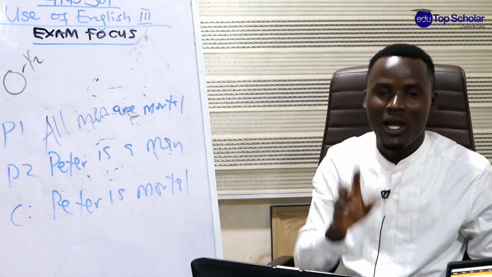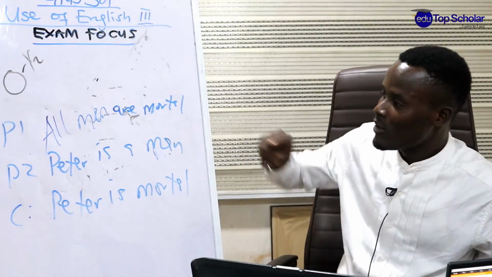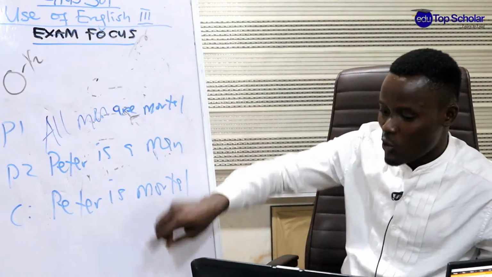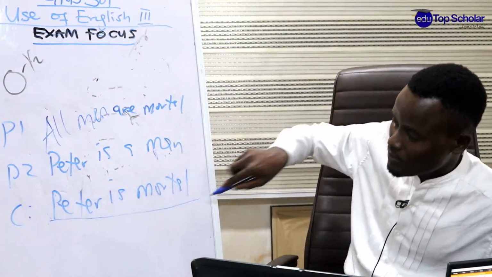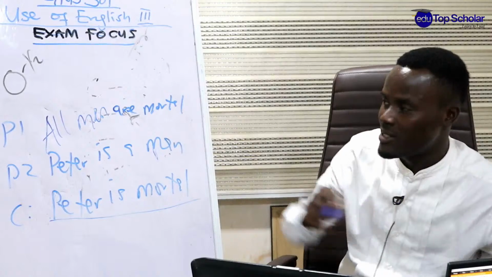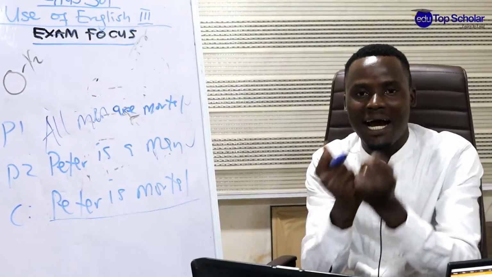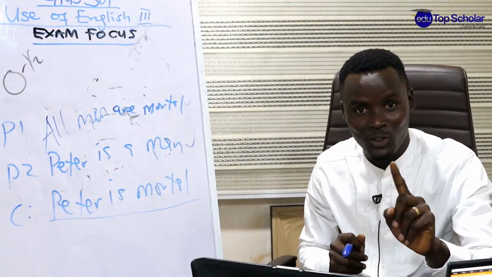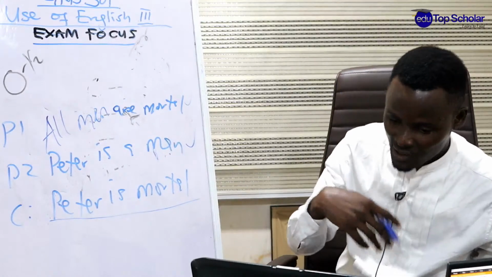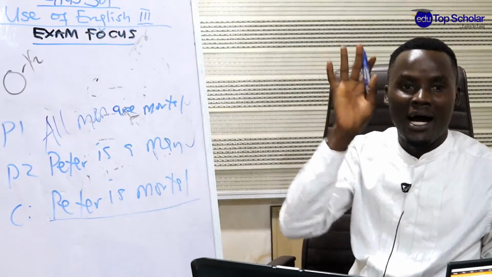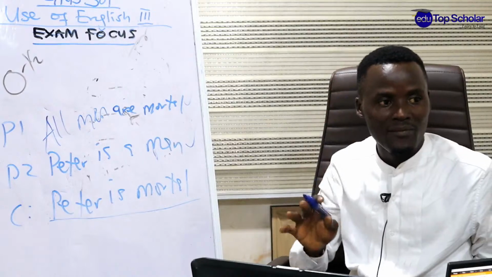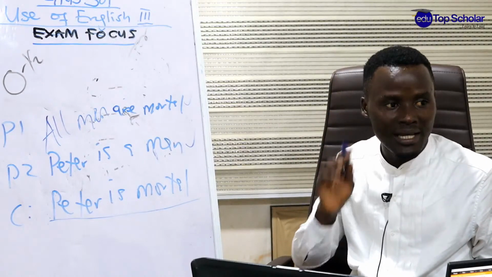Very simple. An argument is valid if the premises support the conclusion. What are premises? Reasons. Conclusion: what the person has in mind. Please pay attention, because some years will give you 5 and tell you to determine if they are valid or invalid.